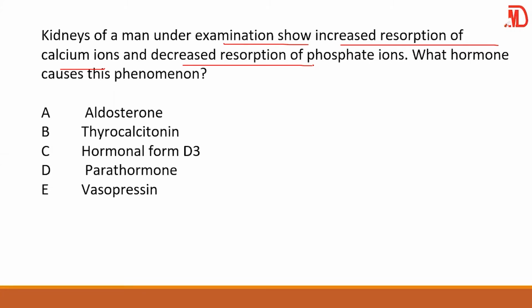And you know it, parathyroid hormone. And in the kidney, this parathyroid hormone blocks the reabsorption of the phosphate ions and promotes absorption of the calcium.